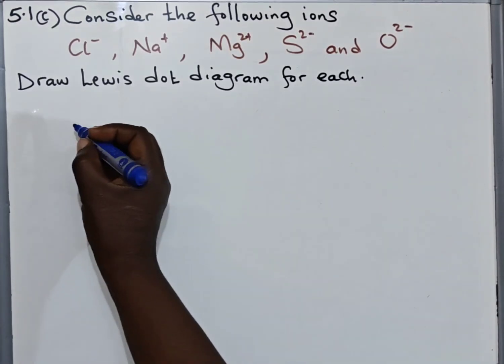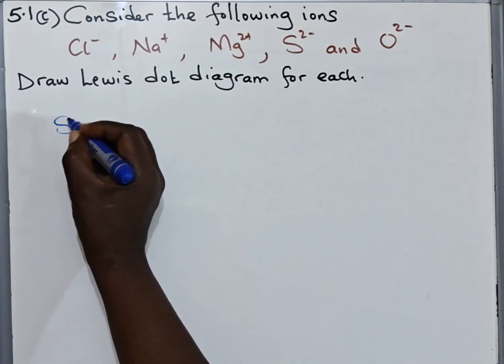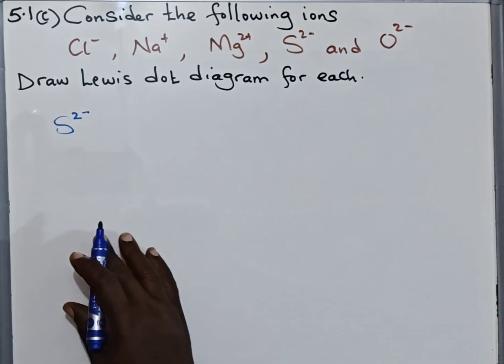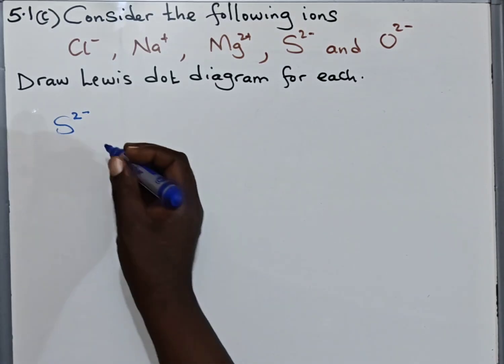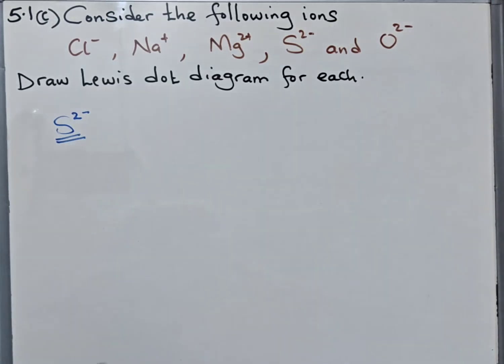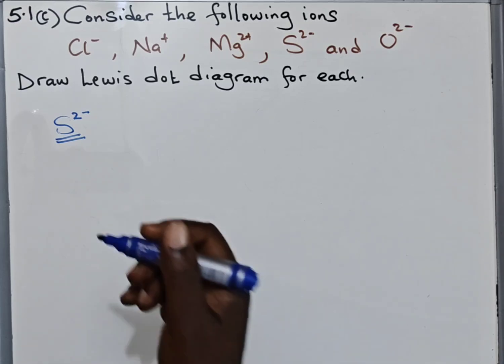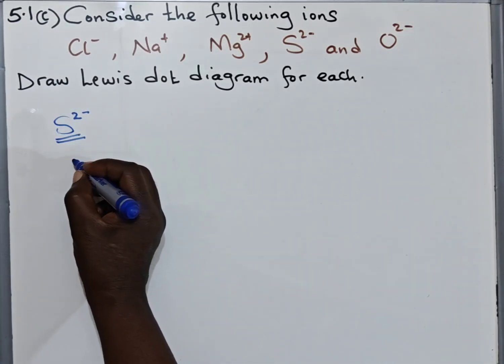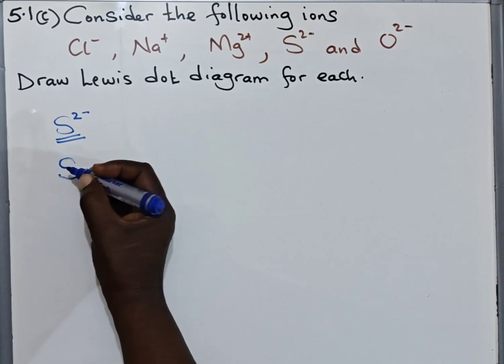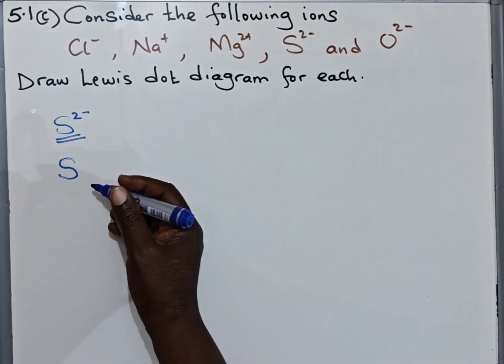Yeah, next is sulfide ion. What do we have here? For a start, we represent the Lewis dot structure of sulfur.